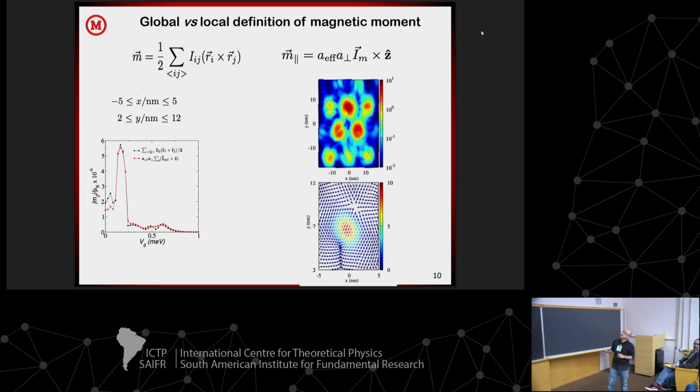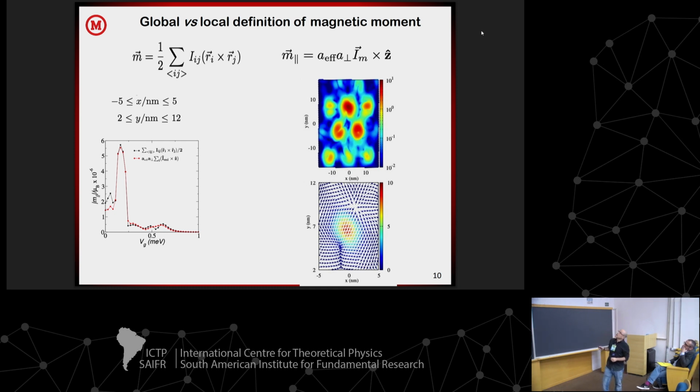The first one is the global approach, that I already showed, and the other one is the effective or local approach, where we calculate the magnetic moment on each of these stacked regions. So you know that the magnetic current is only defined on the stacked region where we find the counterflow.